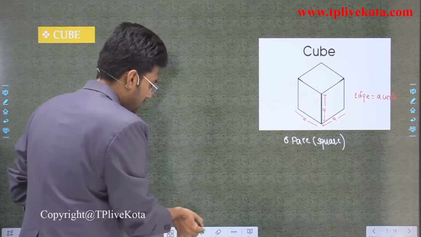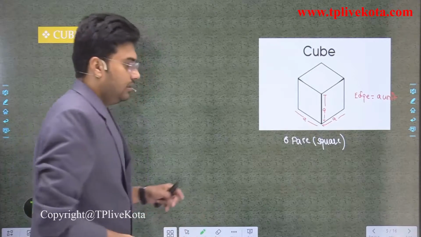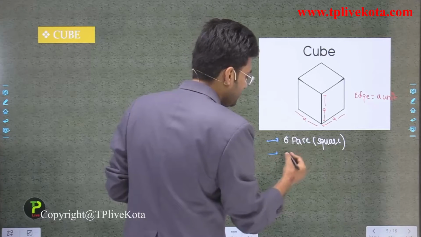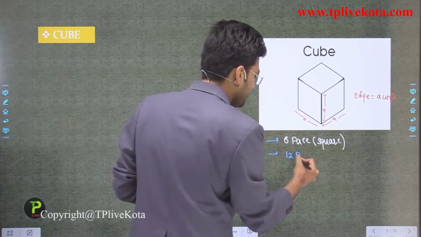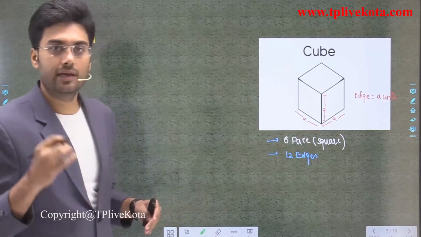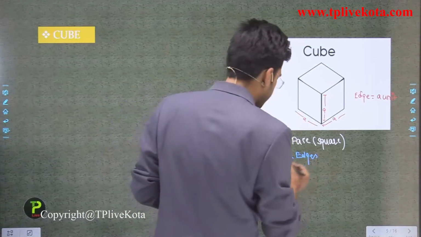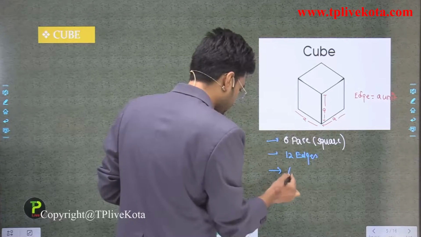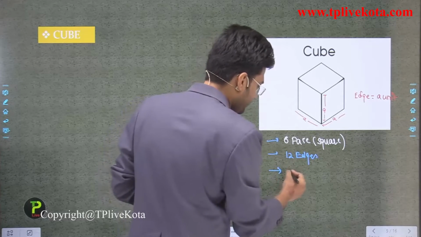Now students, similarly the cube has 12 edges and all the edges have the same length, a unit. Okay, 12 edges, and if we talk about the vertices, then it also has 8 vertices.